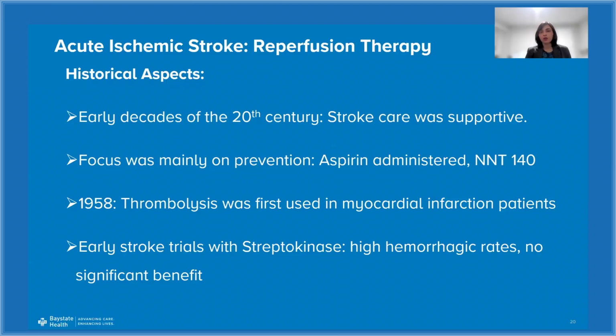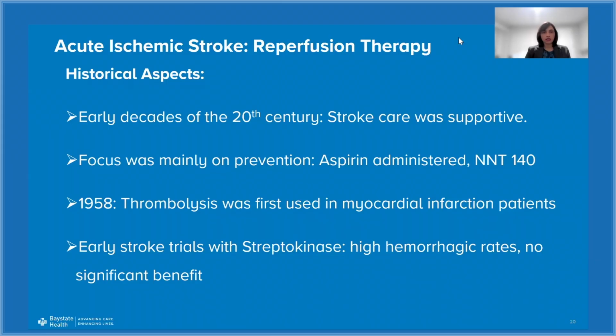The other thing was, yes, aspirin was administered to focus mainly on prevention of stroke recurrence. And the number needed to treat in that case was 140. That means if 140 people were given aspirin, we were able to prevent recurrence in one patient out of those 140 people.